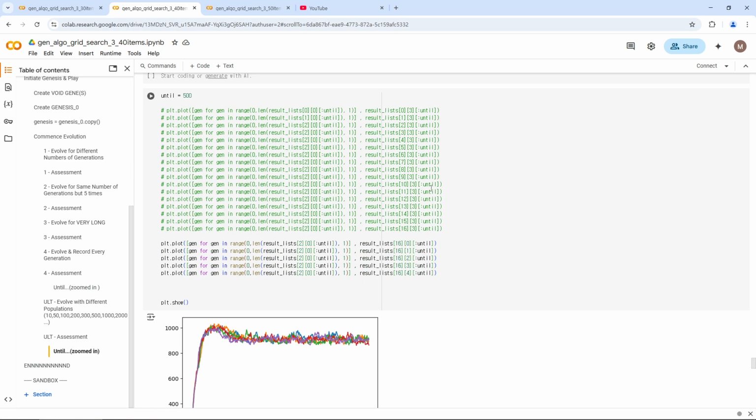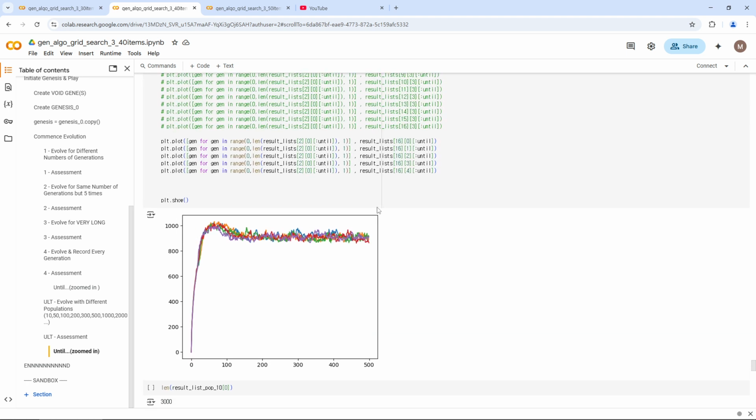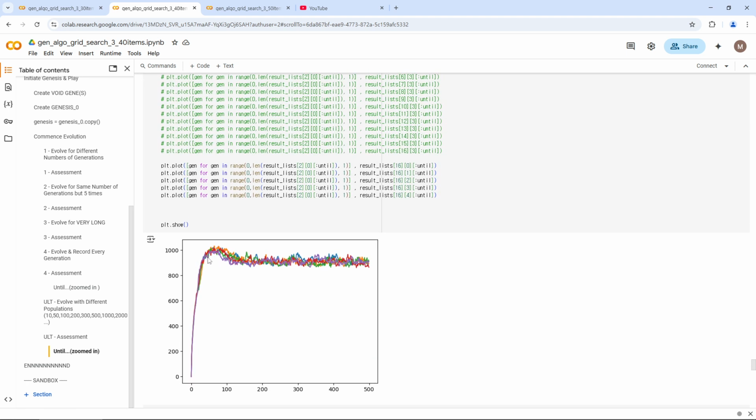And if you look closely, you'll find that every plot peaks at around 1000 and then falls and plateaus at about 900. So the dip is about a difference of 100 summed utility value, which is like a 10% decrease.